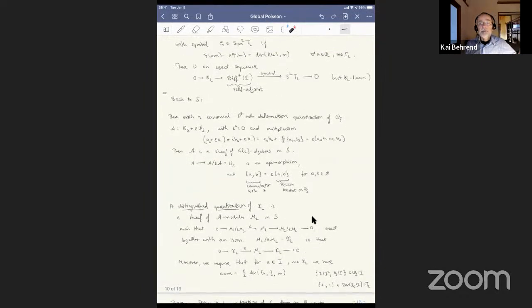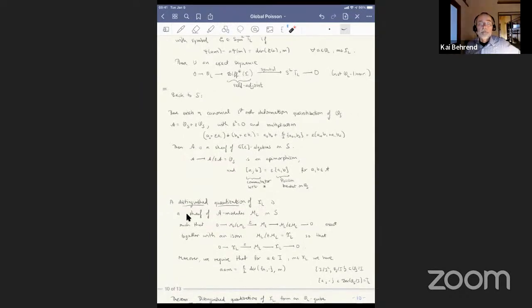This first order quantization of the symplectic manifold is completely boring, but already the quantization of the Lagrangians is completely non-trivial. A sheaf of A modules ML on S is called a quantization of this guy here.